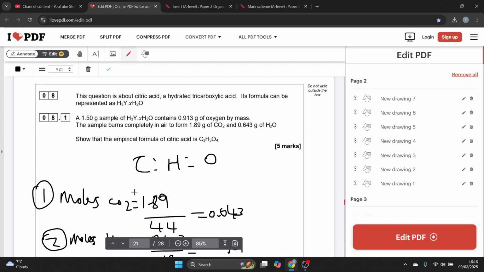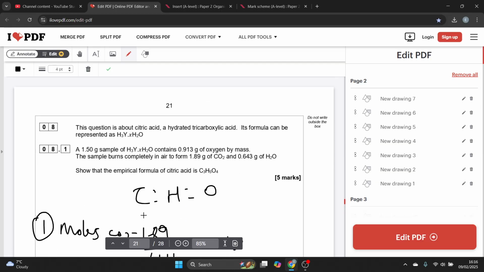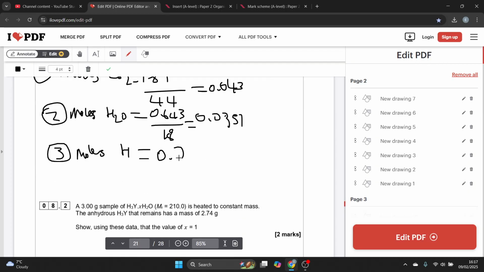Then I can work out the moles of hydrogen by doing 0.036 times by 2, because 1.50 minus 0.913 is... 0.036 times by 2, which gives me 0.0714 moles.